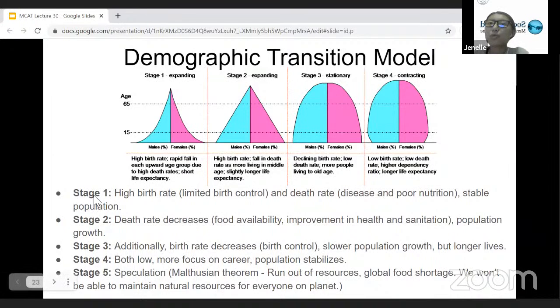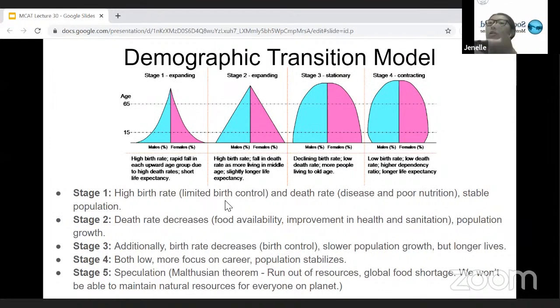So stage 1 is when the population has a high birth rate and also a high death rate. The reasons for high birth rate tend to be limited birth control, because in the earlier stages it's more of a country that's still developing and trying to get the hang of things. So they have limited resources.